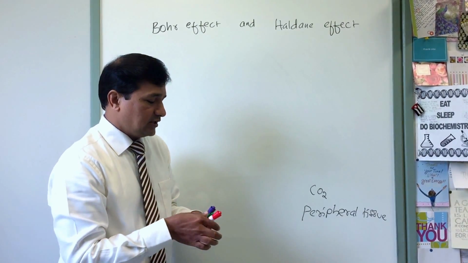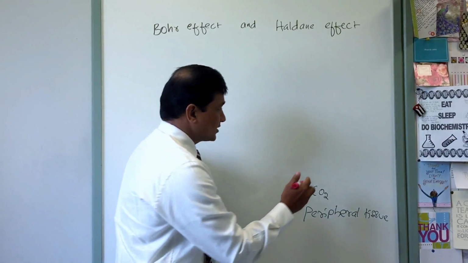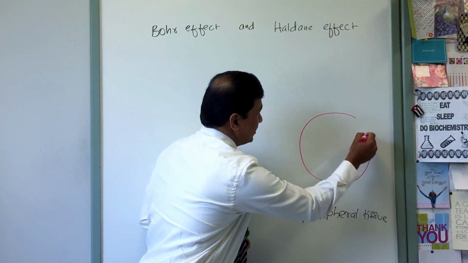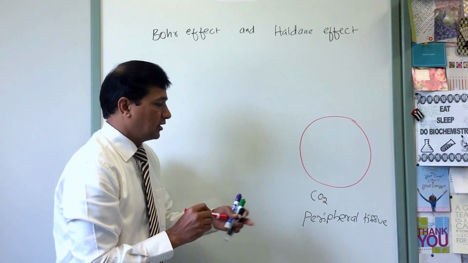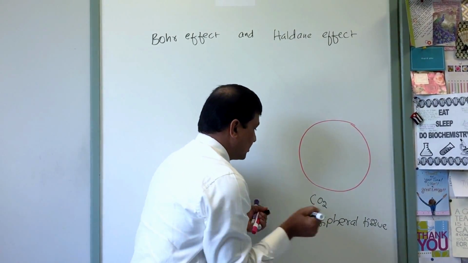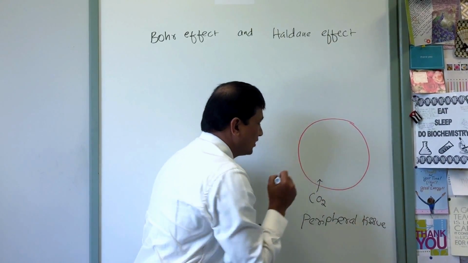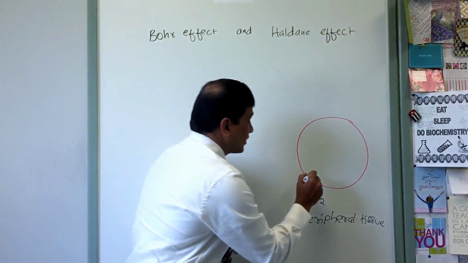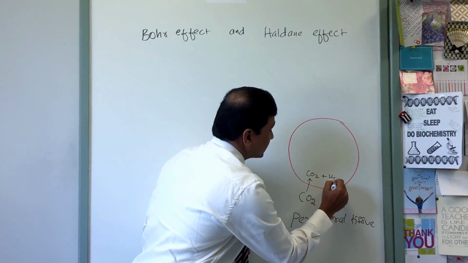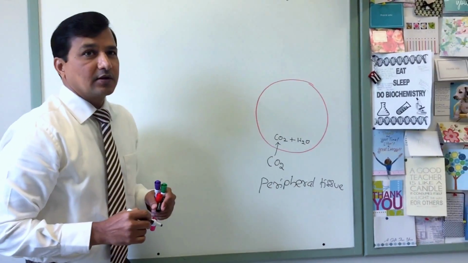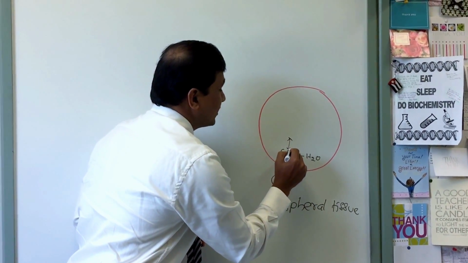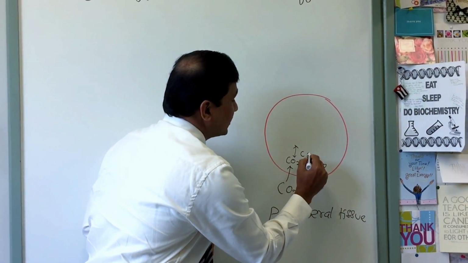So what I will do now is take this carbon dioxide and allow it to get into red blood cells here. So the red blood cells are in the peripheral tissue, and carbon dioxide is getting into the red blood cell. Carbon dioxide gets in here and combines with water, and the combination is catalyzed by the carbonic anhydrase enzyme.